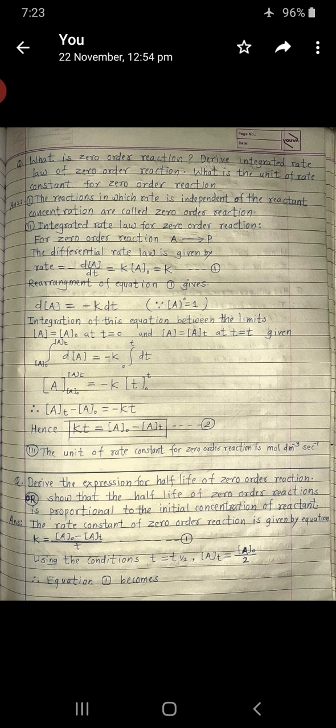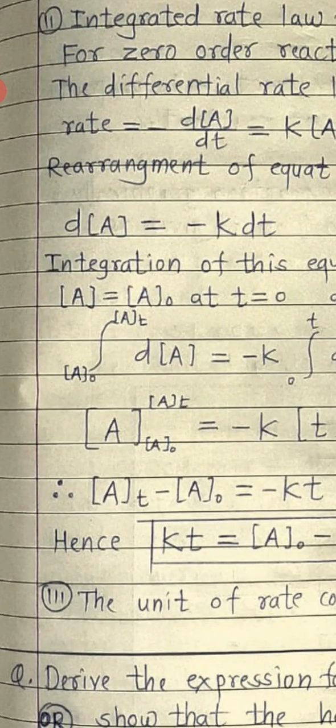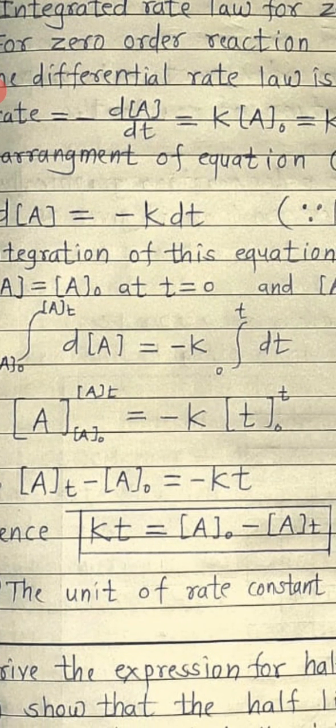Now integrating this equation, taking limits A is equal to A0 at t is equal to 0 and A is equal to At at t is equal to t, we get the integration from A0 to At of dA is equal to minus K into the integration from 0 to t of dt.